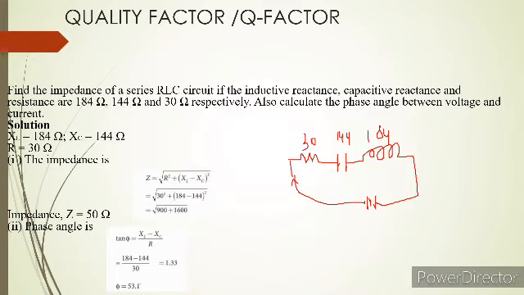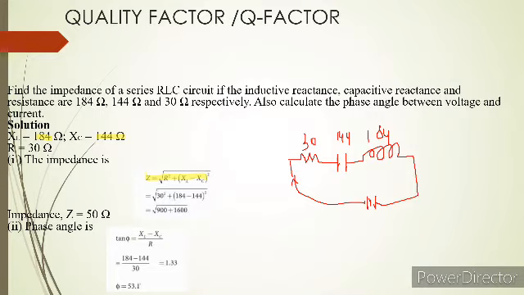Now first find out the impedance, how much impedance is there in the circuit. For finding out impedance, this is the formula: Z equals the square root of R squared plus (XL minus XC) squared. XL is 184 and XC is 144, and the resistance is 30 ohms.